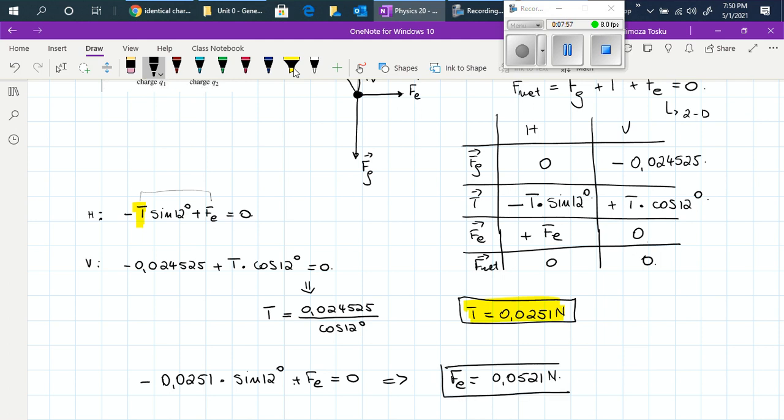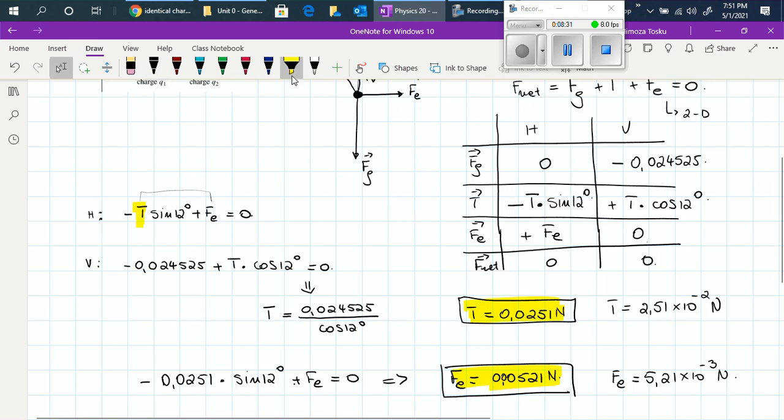We can write those values in scientific notation, and if we do so, then the tension will be 2.51 times 10 to the power of negative 2 newtons, and the electrostatic force will be 5.21 times 10 to the power of negative 3 newtons. Actually, there is another 0 here.